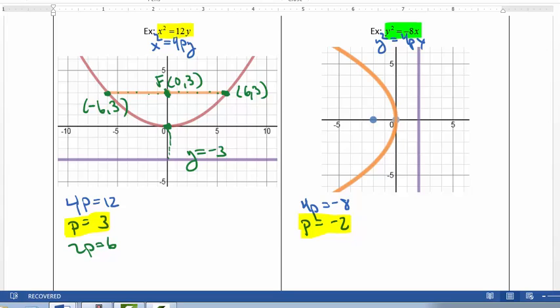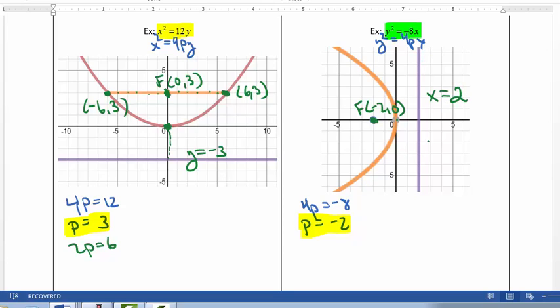So my focus now is going to be at the point negative 2, comma 0. So in this case, here's my focus, negative 2, 0, right? I moved 2 to the left because p was negative 2. And then my directrix now, remember, is always the line x equals negative p. But if p is negative 2, negative p becomes positive 2.